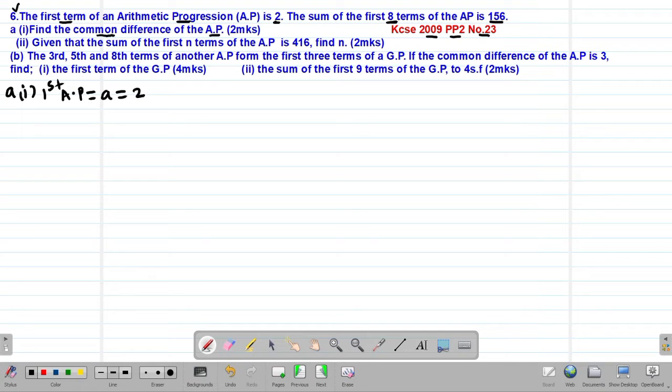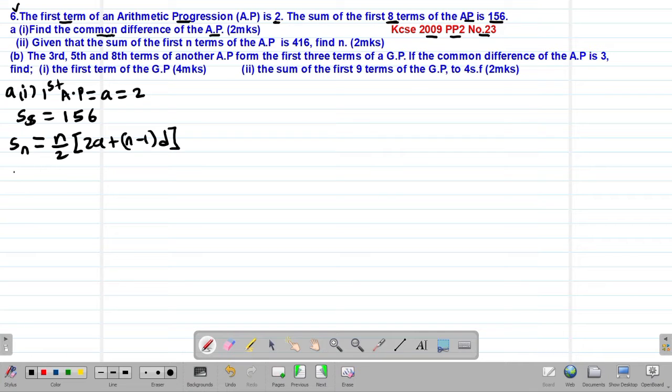Then the sum of the first 8 terms of the same AP is 156. Therefore, S8 should be equivalent to 156. Now, we know that the sum of terms for any given AP is given by the formula n over 2, into bracket 2a plus n minus 1 multiplied by d.